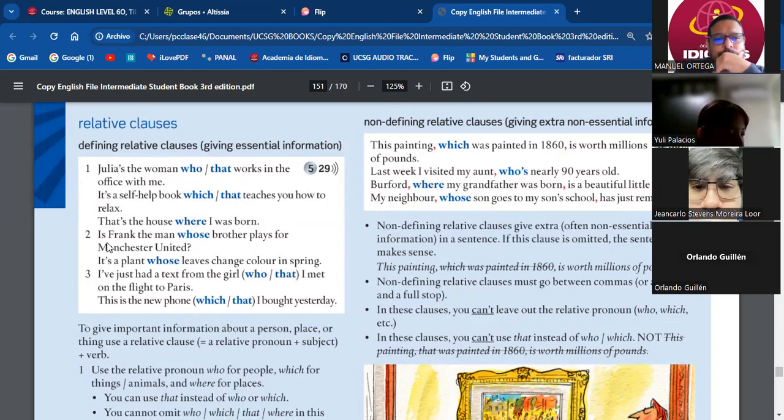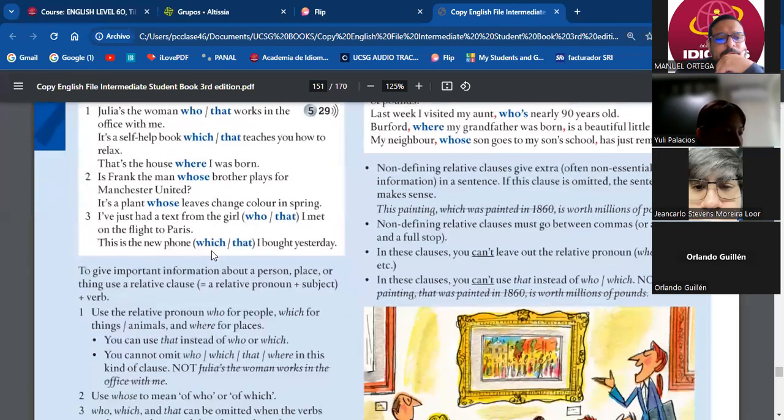Number 2, is Frank the man whose brother plays for Manchester United? Why do we use whose? Whose is similar to saying of whom, de quién. So that's why you have it in here.